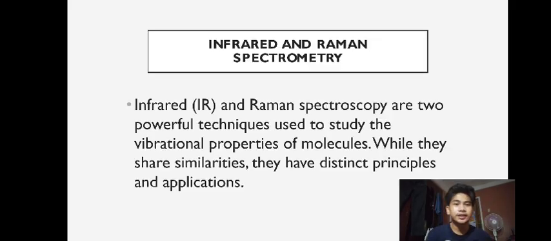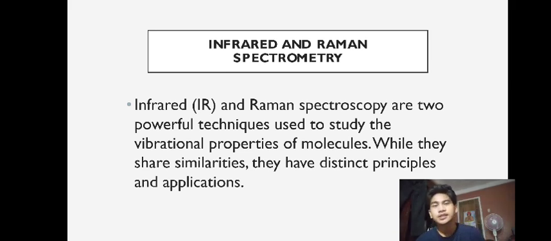So now we will proceed to our lesson proper, and we will discuss infrared and Raman spectrometry. Infrared and Raman spectrometry are two powerful techniques used to study the vibrational properties of molecules.